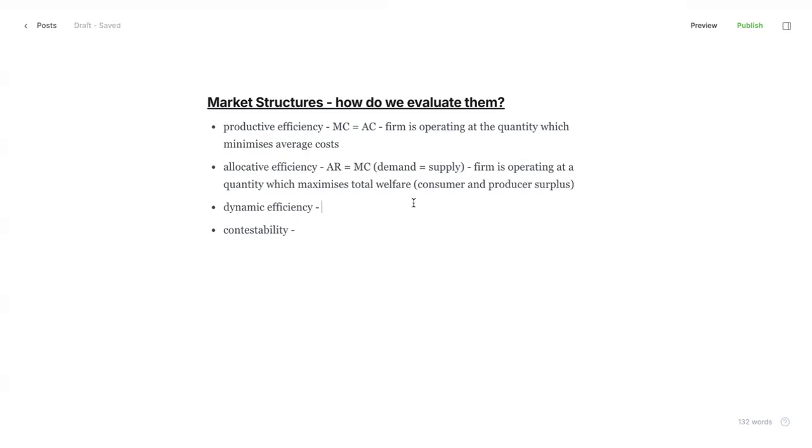And dynamic efficiency, lastly, is when a firm is able to make a supernormal profit in the long run. So consistently make supernormal profit, not just for one day, that would be in the short run. And why is that important? Because that can also be a good thing. Firms who make supernormal profit are more able and more likely than firms who do not make any profit to reinvest.